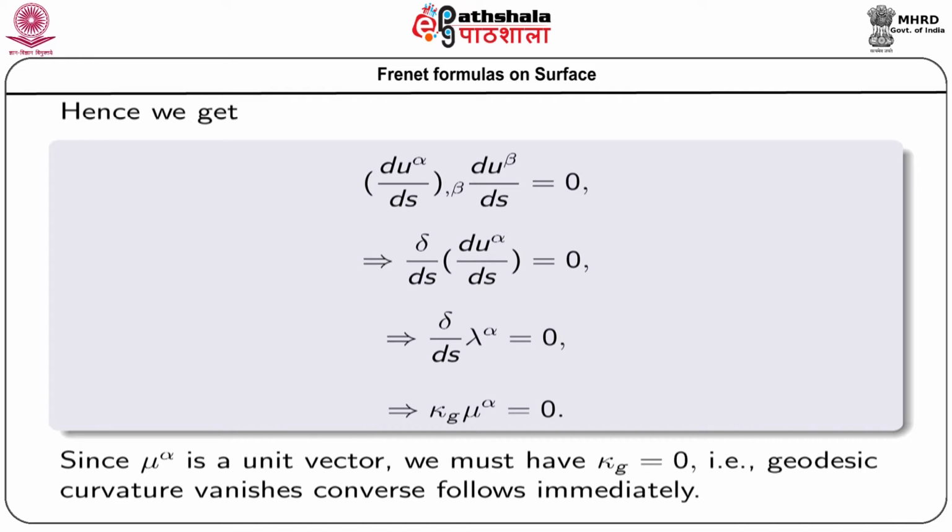That is, the geodesic curvature vanishes. The converse follows immediately. If we consider kappa g equals 0, then we get del lambda alpha del s equal to 0, and from there we can see that the equation of the curve is similar to the equation of a geodesic. That means, if kappa g is equal to 0, then the curve is a geodesic.